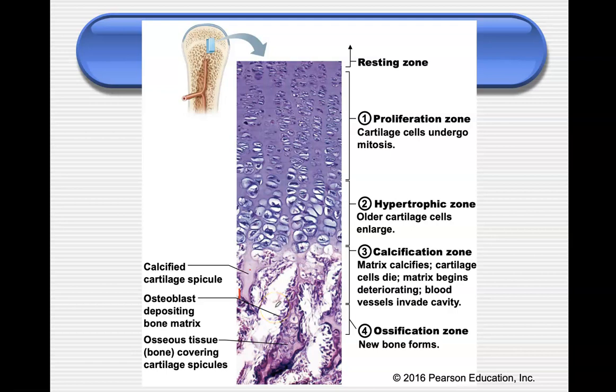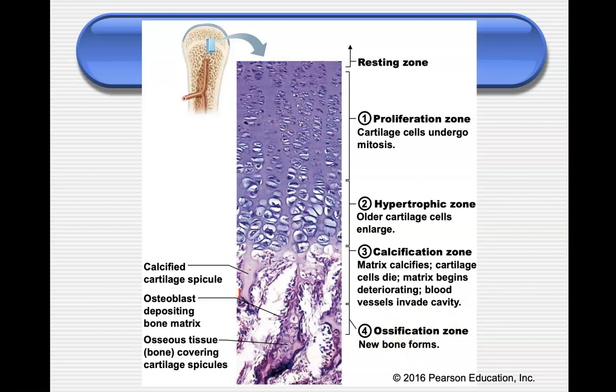It gets a little more involved here, and then eventually they're covered with new bone by osteoblasts. So these osteoblasts are depositing that bony matrix and ultimately replacing it with spongy bone here. And so what ends up happening is that the medullary cavity enlarges as these spicules are eroded, forming that medullary cavity with the spongy bone surrounding it.